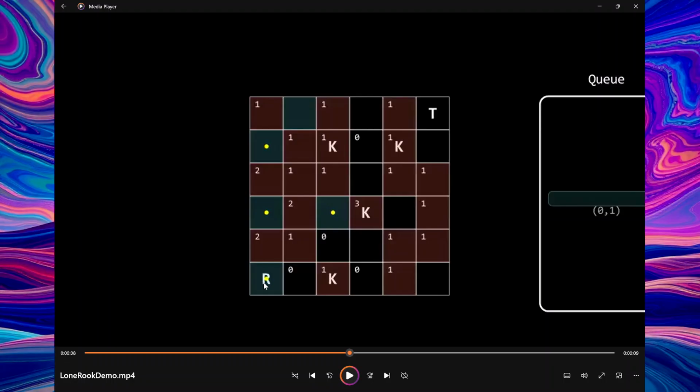So what we've encoded is basically this path. We go up here, back down to here now that it's opened up, and then back up here.